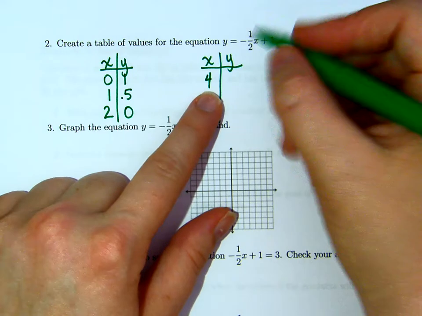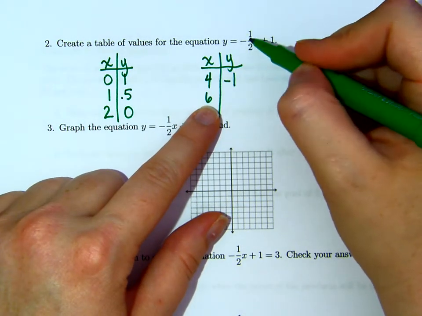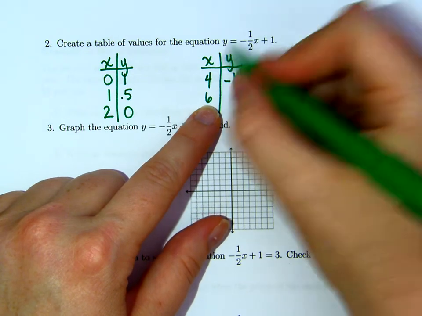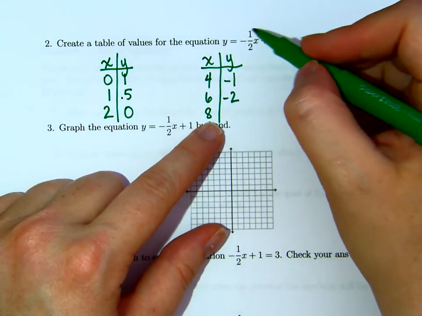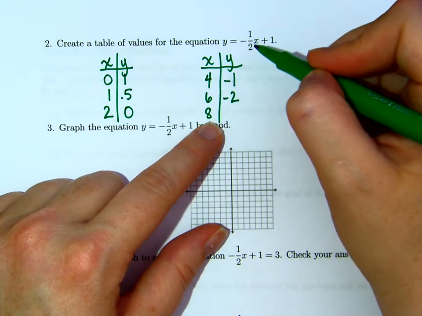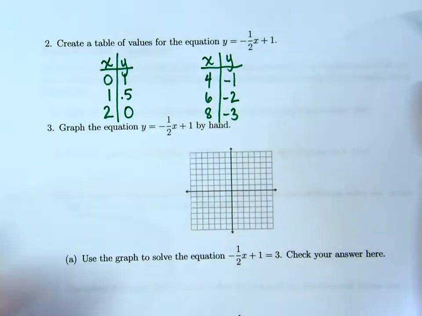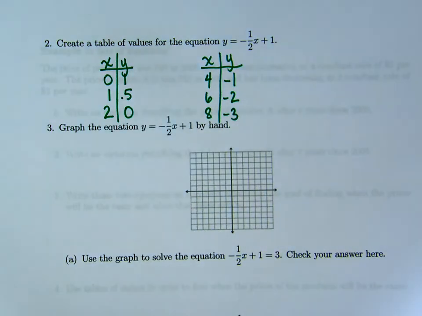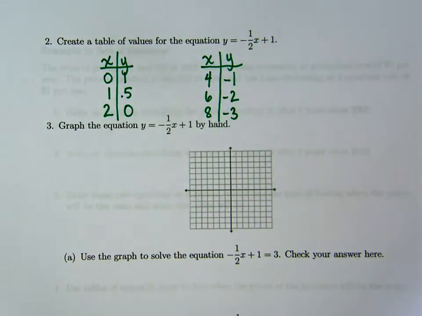Negative 2 plus 1, you're down 1. Half of 6 is 3. Negative 3 plus 1, you're down 2. And I can see the pattern here. I bet this is negative 3. Half of 8 is 4. Negative 4 plus 1, down 3. Okay, so I see a pattern. And it's nice to take half of things that are divisible by 2.